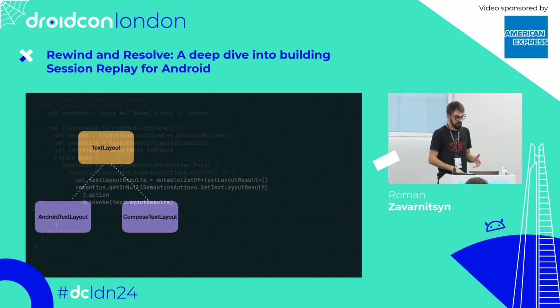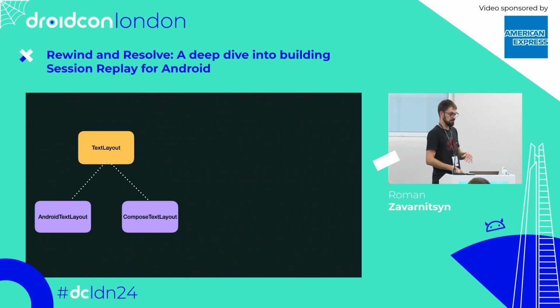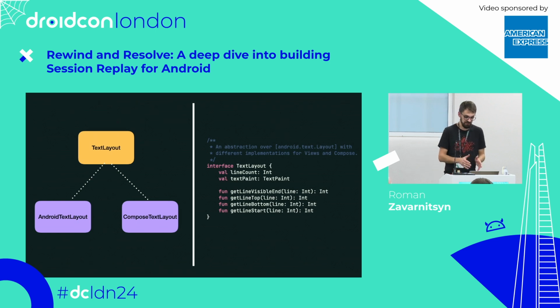A short note about this text layout. Because Compose returns us a special flavor of the text layout, which contains some internal Compose stuff, we created an abstraction over it called text layout and have different implementations for the old view system and for Compose. And the interface looks roughly like that.